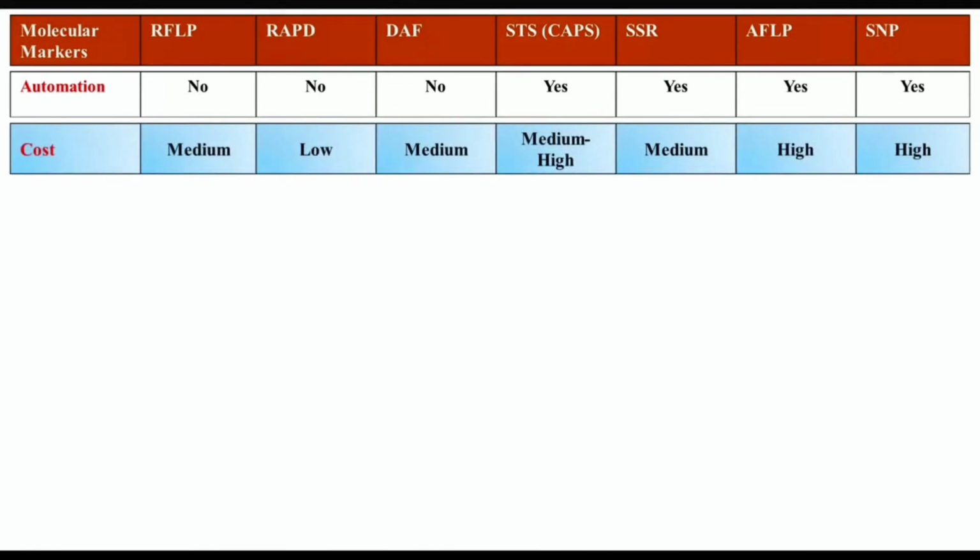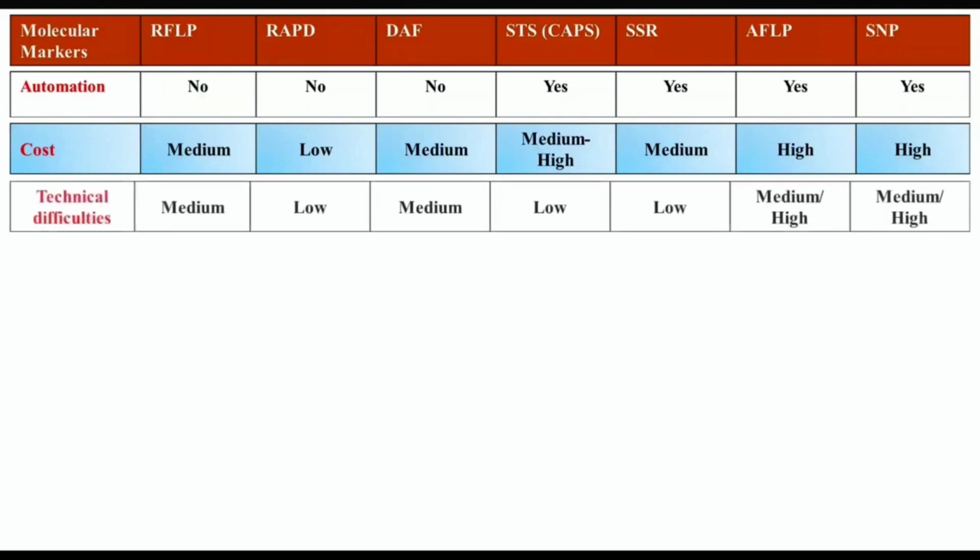Then comes the cost. For RFLP, the cost is medium. Then RAPD, it's low. DAF, it's medium. STS, it's medium to high. Then SSR, it's medium. AFLP is high and SNP is also high.